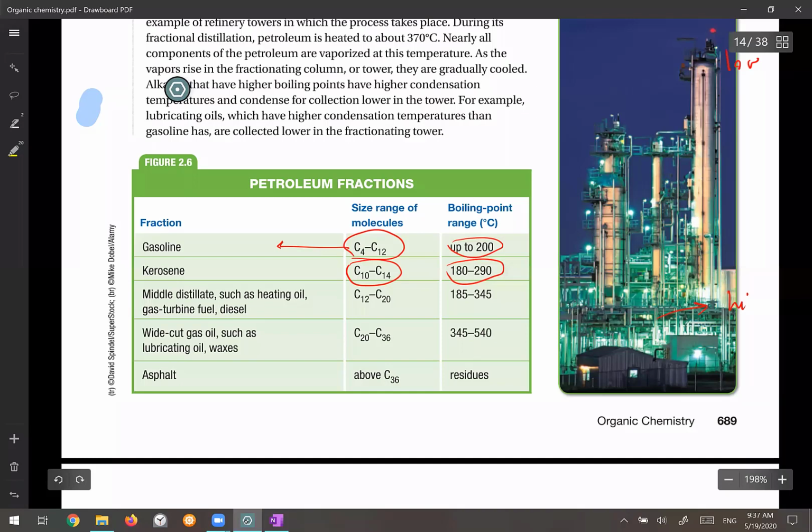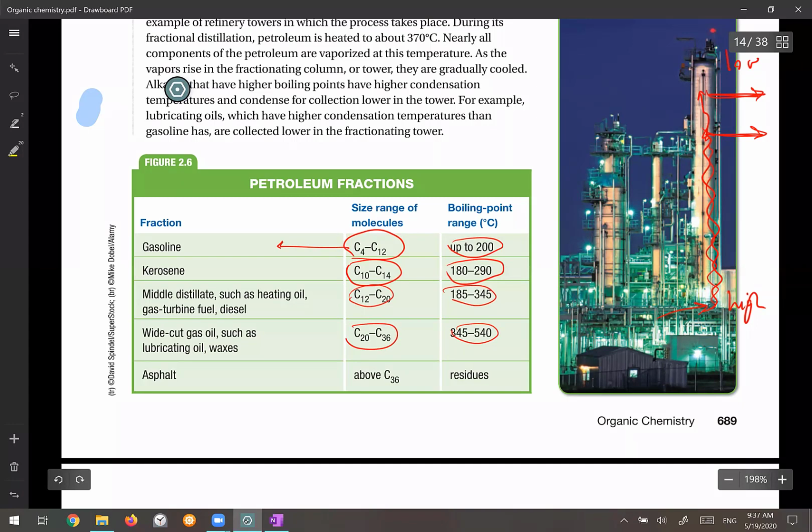The first 4 carbons go farther up the column, and when the temperature is below 200 degrees, they come out. The next group goes up in the column, but at a lower point their temperature drops below their boiling point and they come out from there. So you can separate any group based on their boiling point in the column.